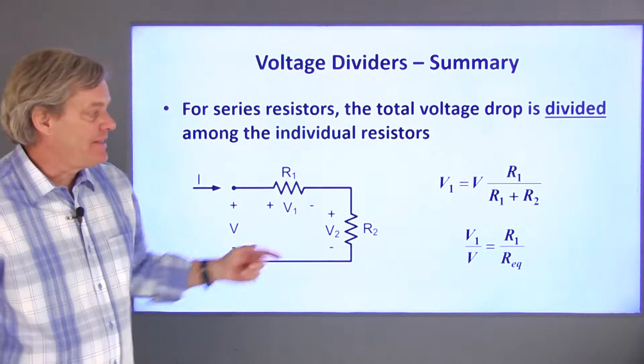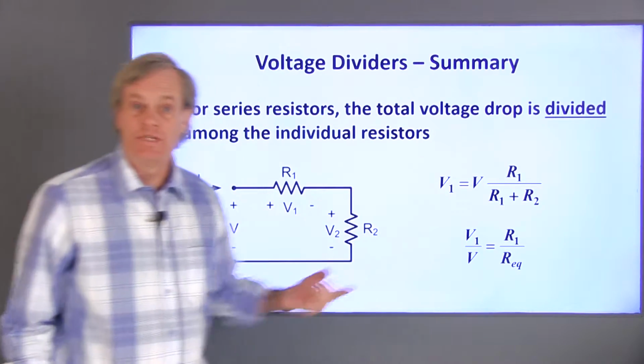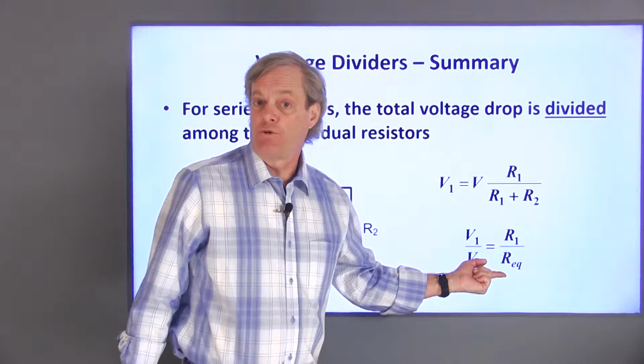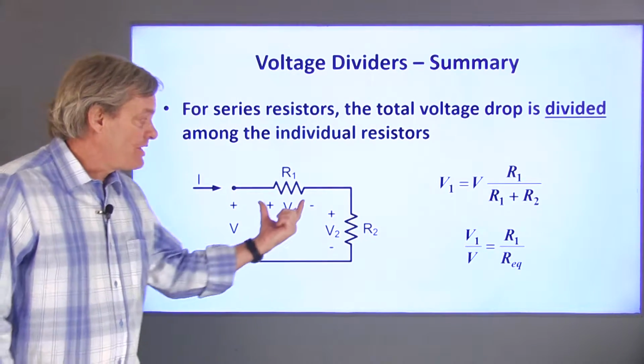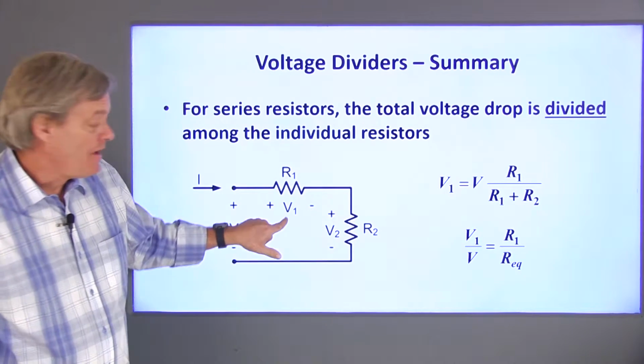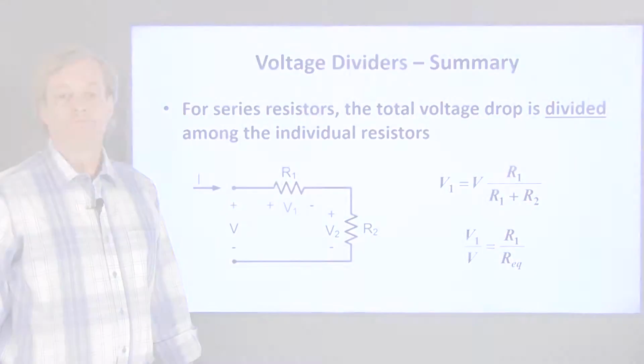Another way to state this is that the ratio of any individual voltage to the total voltage is the same as the ratio of that individual resistance to the total resistance. So, for example, if R1 is 10% of the total resistance, then V1 will be 10% of the total voltage.